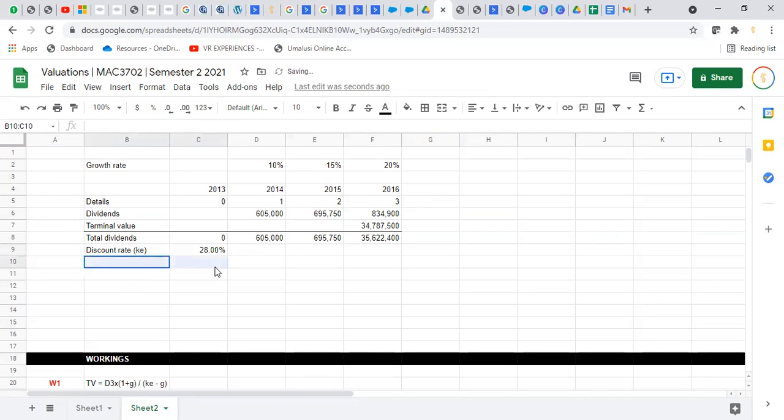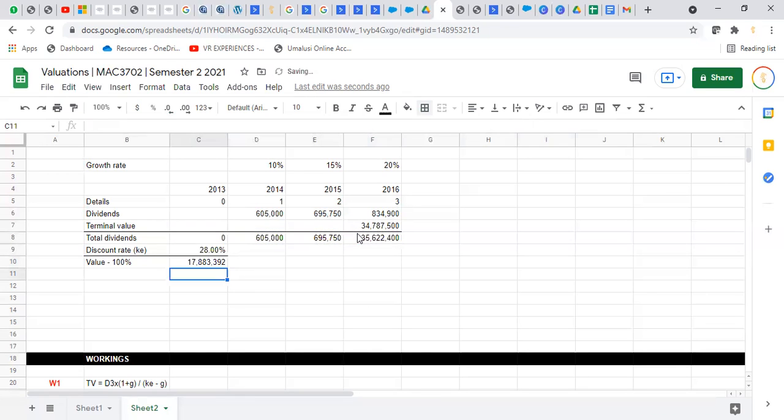Okay, and this is going to give me my value according to the dividend growth model. But what's important, this represents 100%. Okay, so all I'm going to do is say, using Excel, NPV or Google Sheets, I put in my discount rate and then just the cash flows, from cash flow 1.